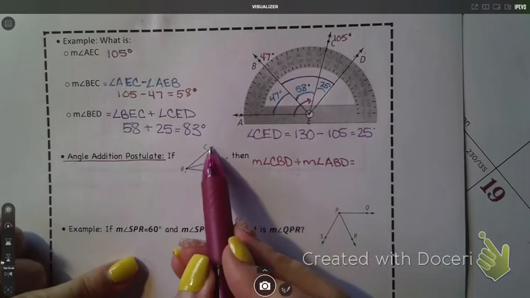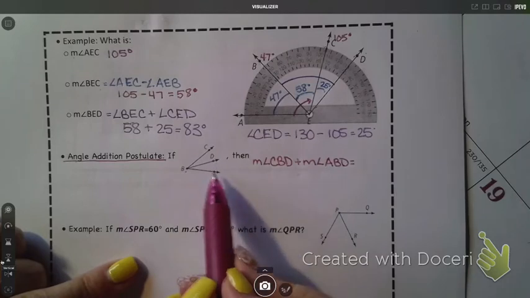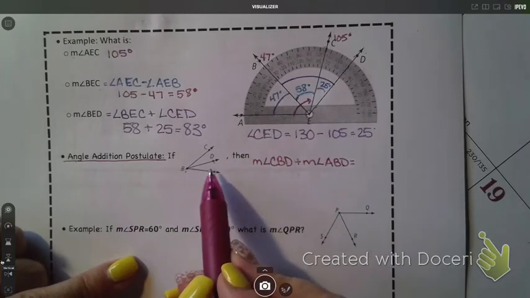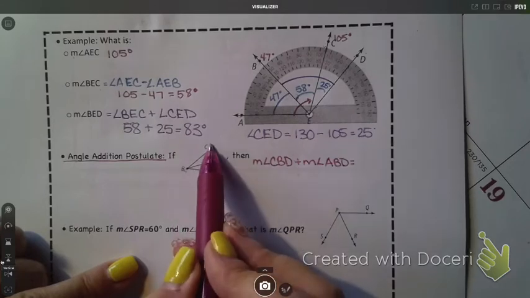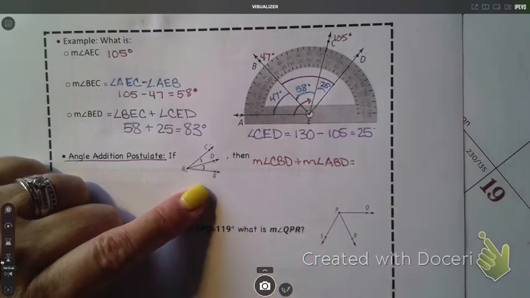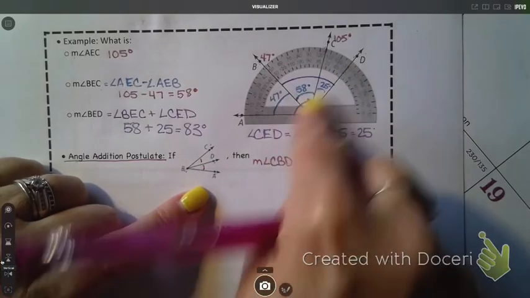If this is CBD and this is ABD, CBA. It would be equals CBA, ABC. Because the 2 little angles equal the what? Big one. Did we just do that up here in this example?